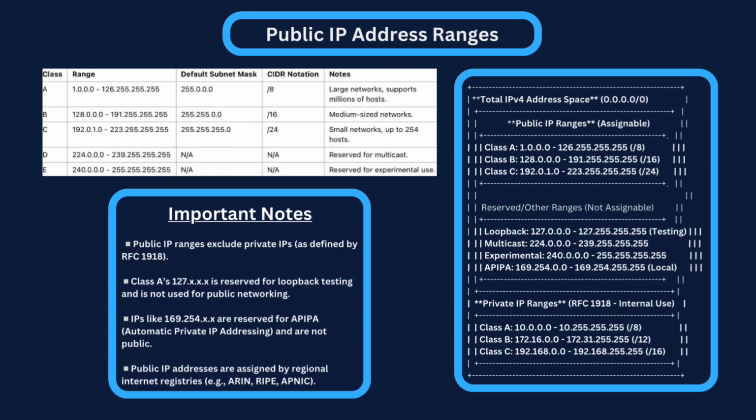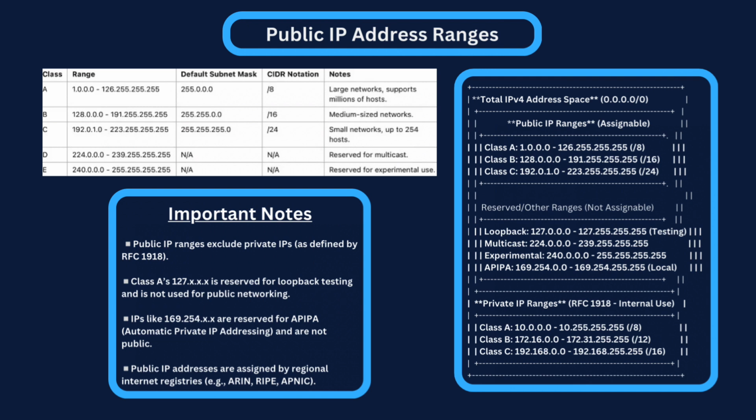Public IP address ranges. Important things to note. Public IP ranges exclude private IPs, as defined by RFC 1918. Class A 127.x.x.x is reserved for loopback testing and is not used for public networking. IPs like 169.254.x.x are reserved for APIPA, automatic private IP addressing, and are not public.